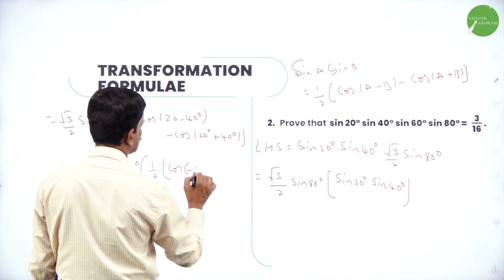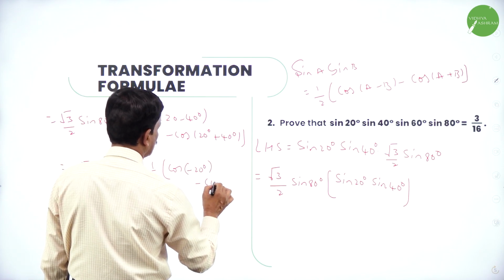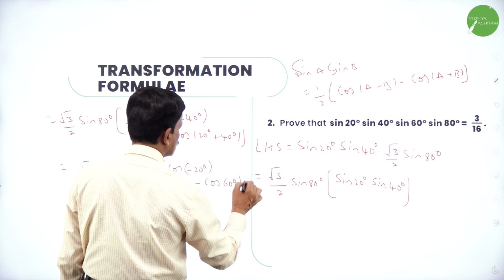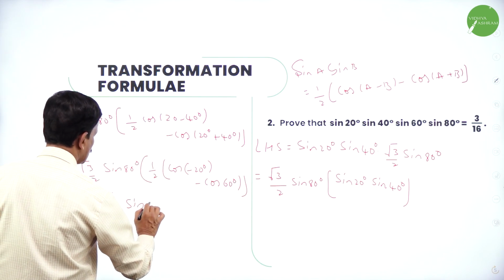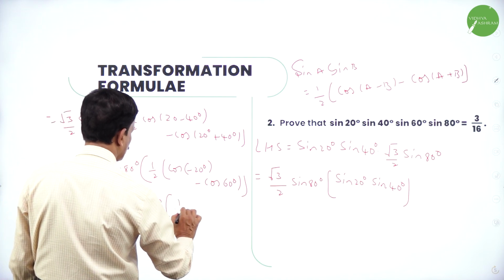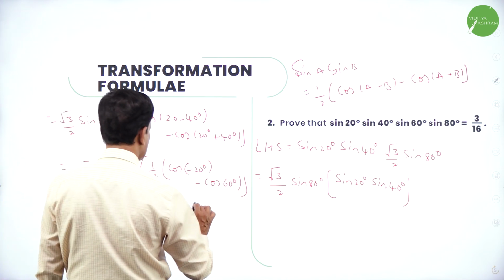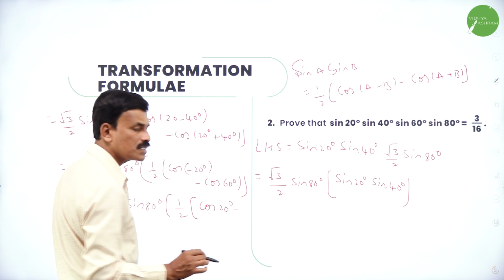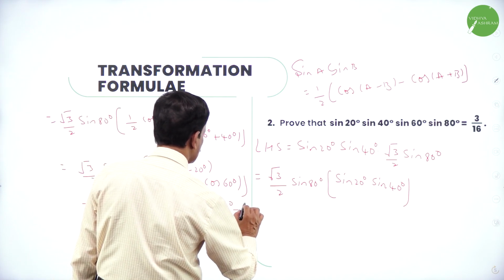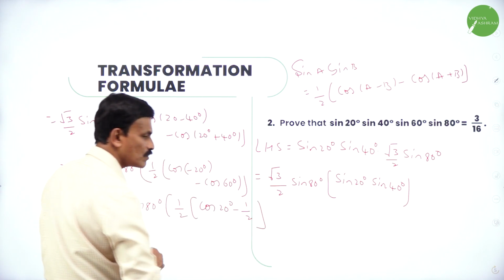So this is root 3 by 2 sin 80, 1 by 2 into cos of 20 minus 40, which is minus 20 degrees, minus cos of 60 degree. You know cos of minus theta is plus cos theta. So plus cos 20 minus, what is cos 60? Cos 60 is 1 by 2.